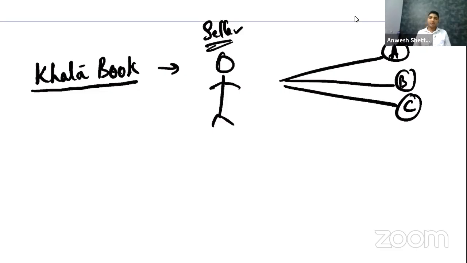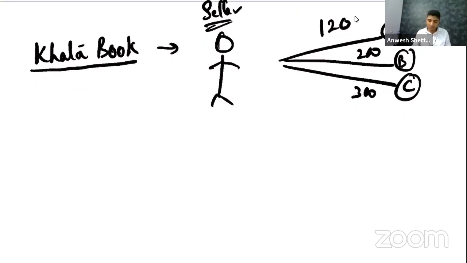Buyer A, buyer B, buyer C have purchased some item from the seller on credit. So A has to pay, let us say, 120 rupees, B has to pay 200 rupees, C has to pay 300 rupees. Normally in olden days, people would write physically on a piece of paper the amount due from a customer.